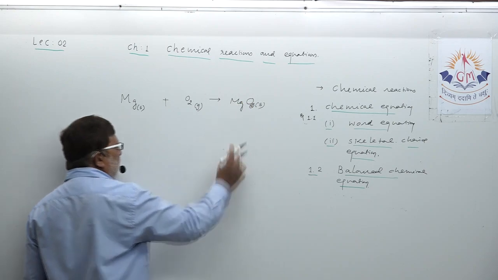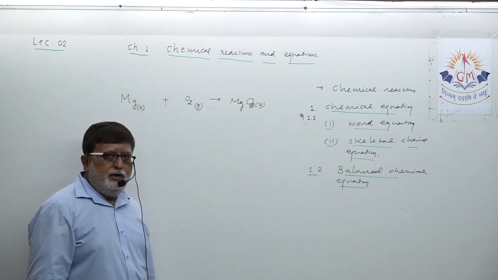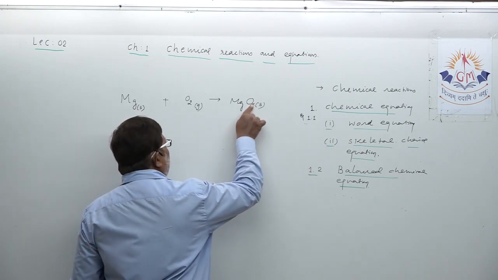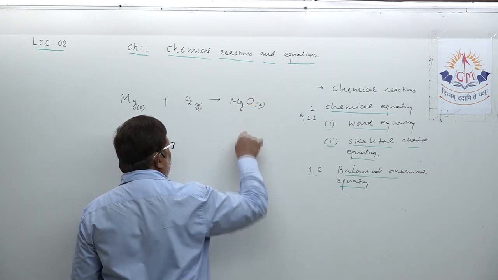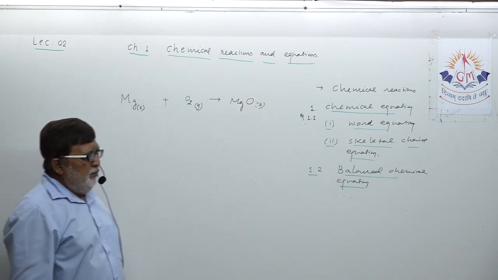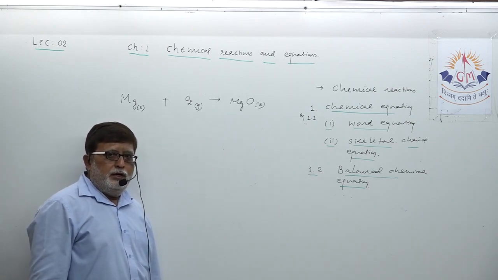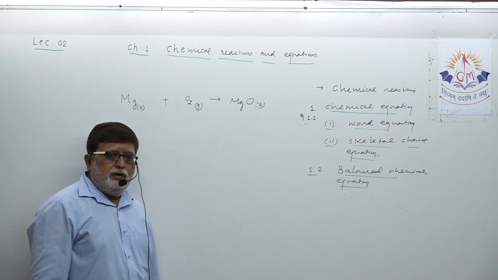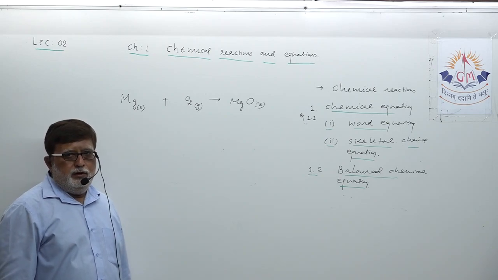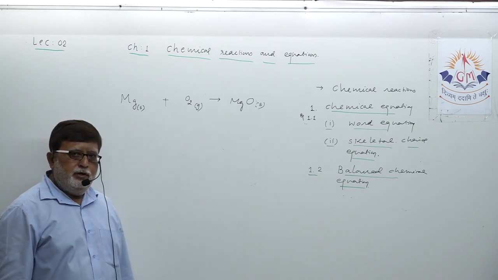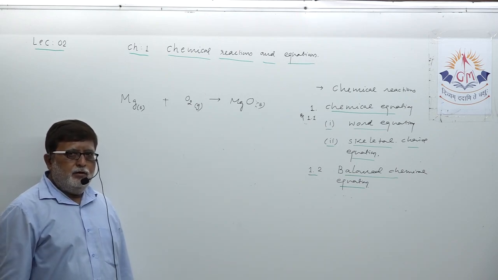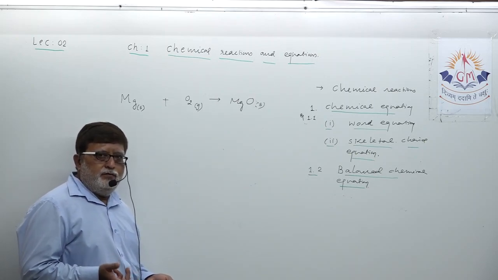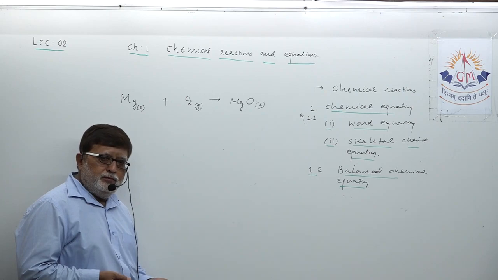Not at all. When you try to balance any chemical equation, you cannot do this. It is not possible. You can't alter the formula of any compound. During balancing of the chemical equation, no alteration in formula is strictly allowed, because the symbol of magnesium oxide is fixed and universal: MgO.